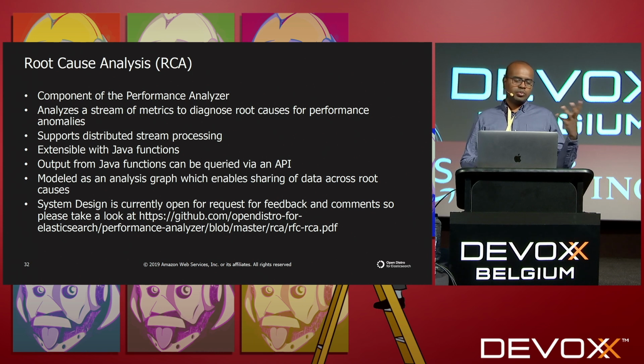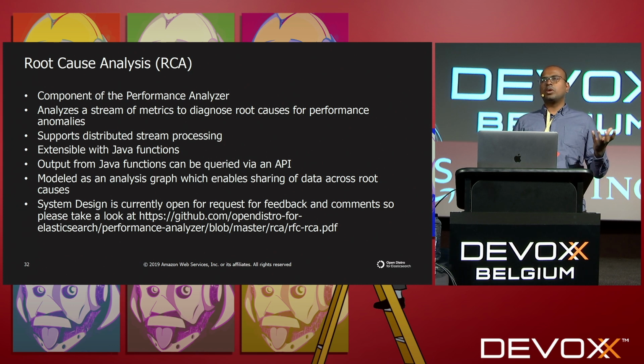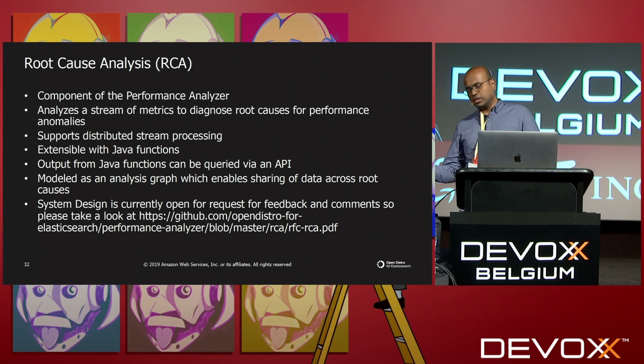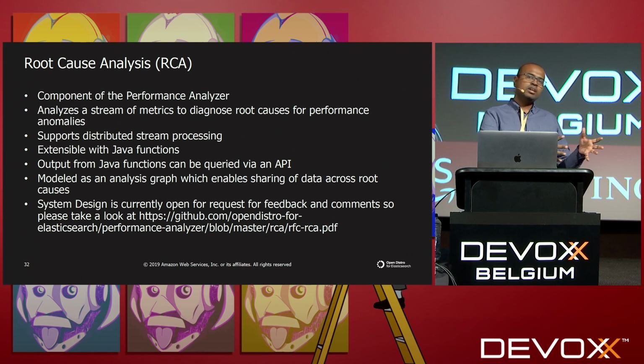For example, you can have one node that is a Java function that is processing whether CPU is high, and you have another node that is processing whether memory is in trouble, and then you finally have one node which actually only runs on the master node, which aggregates the output of the previous stages and then responds back with what is happening.